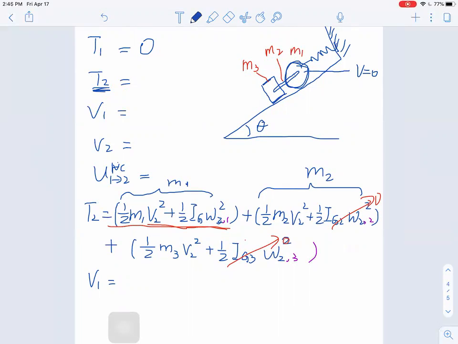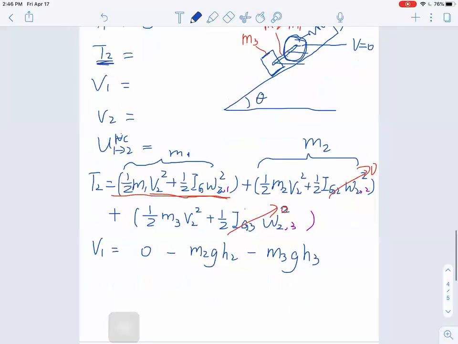Then you need to find out where the mass center for each mass is and calculate their initial potential energy. So V1 is m1 g 0 minus m2 g h2 minus m3 g h3.